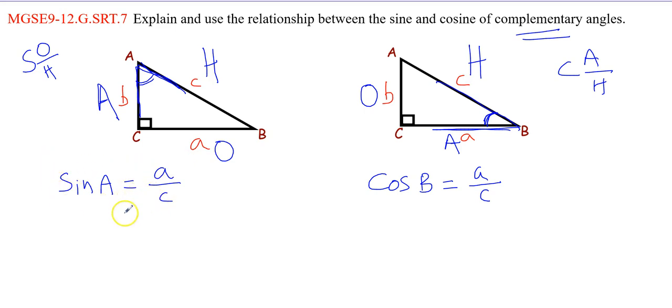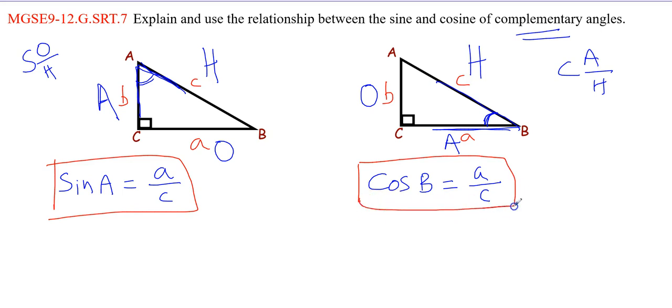We are saying that sine of this angle A is equal to A over C, and cosine of this angle B is also A over C, right? So I can write sine of angle A is equal to cosine of angle B. Those two values are equal.